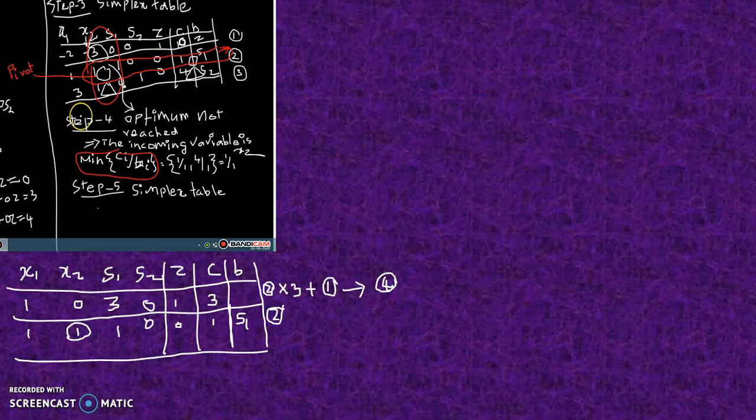If you do so, you will get here 2, 0, minus 1, then 1, here 0, and multiplying this by minus 1 and adding with this, you will get 3 here.